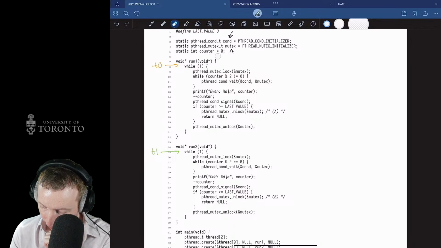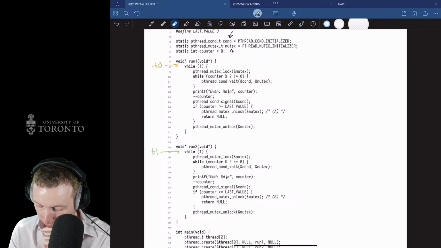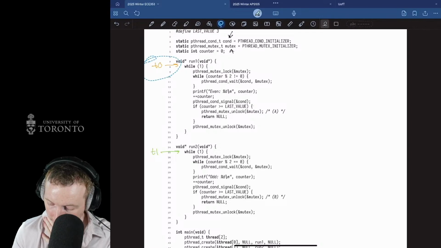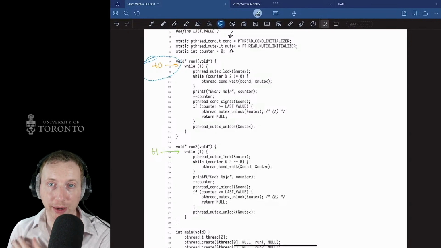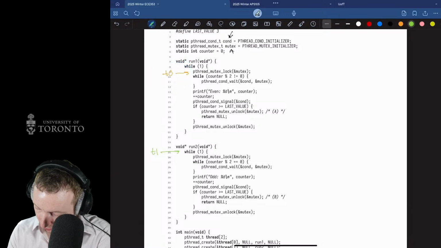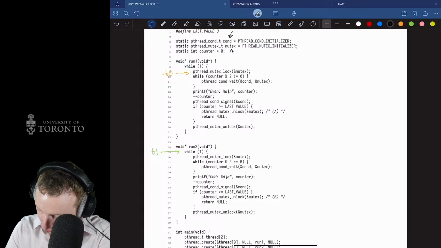So the current number is 0. Well, if we have thread 0 execute first, it would go in here and get that mutex. So let's write this out.